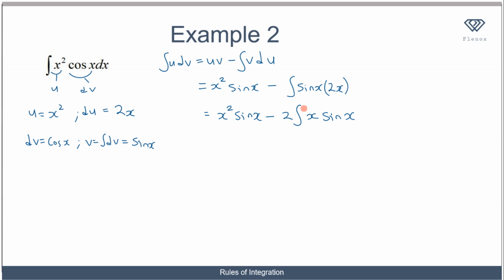So now you see that under here we have the integral of x sin x, which is the product of two terms again. So I need to solve this again using integration by parts.